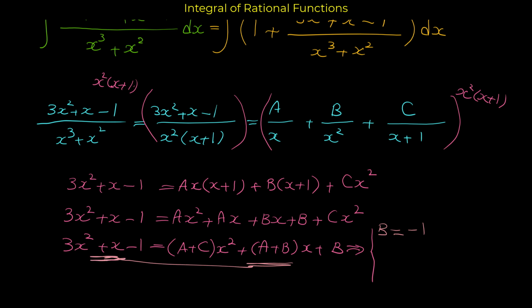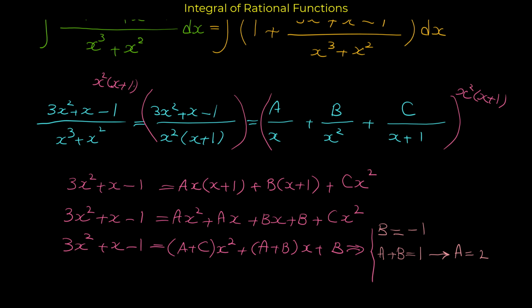A + B is 1. Because A + B is 1 and we know that B is −1, if we substitute −1 for B, then we have A − 1 is 1, and so A is 2.